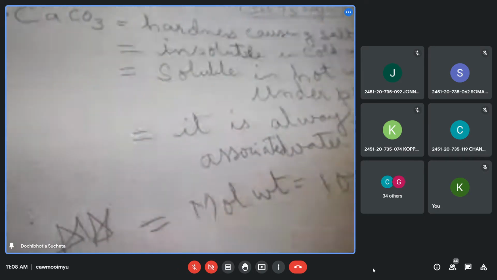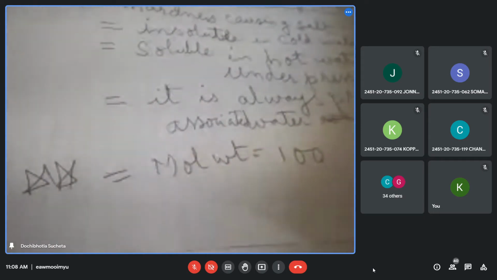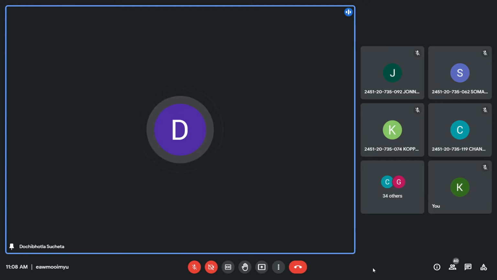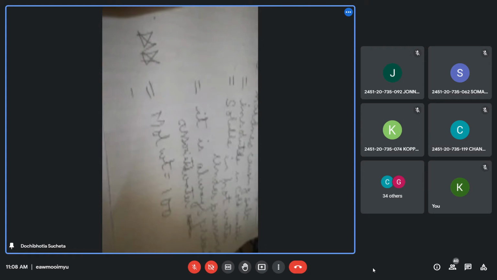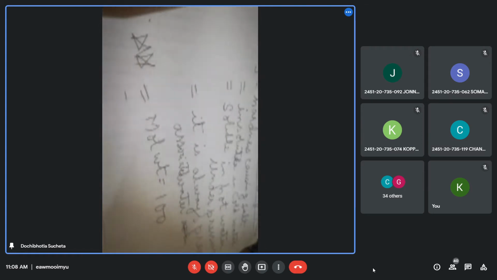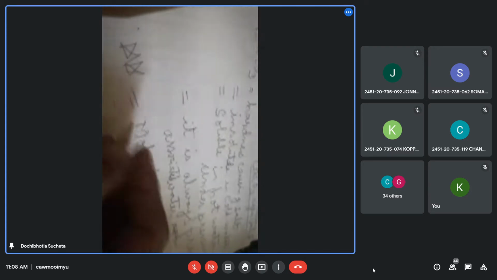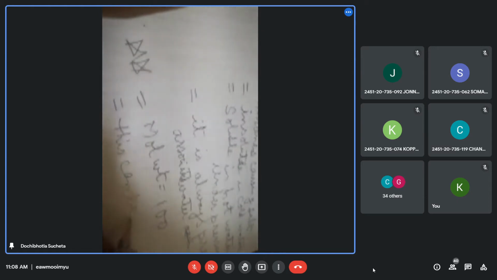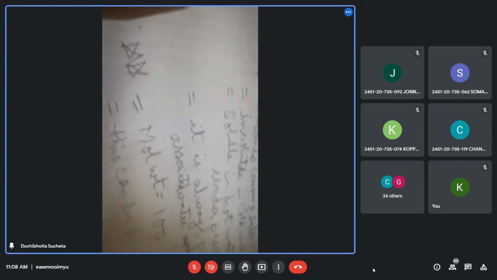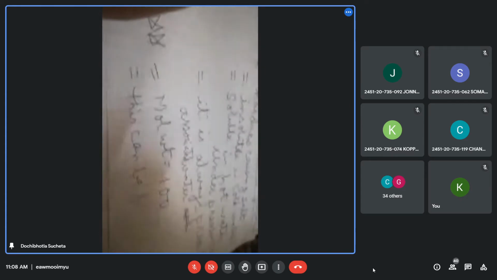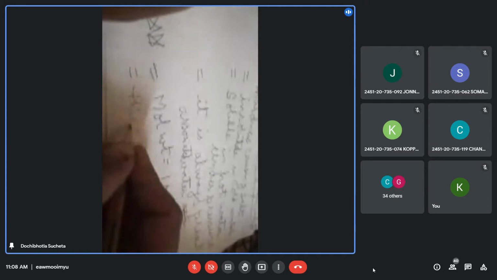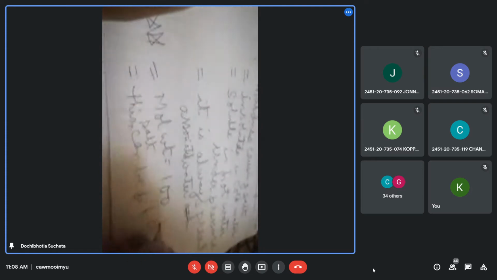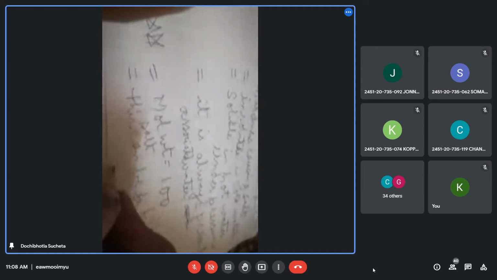What you need to always remember here is that its molecular weight is 100 and this salt can be filtered, dried, and weighed.